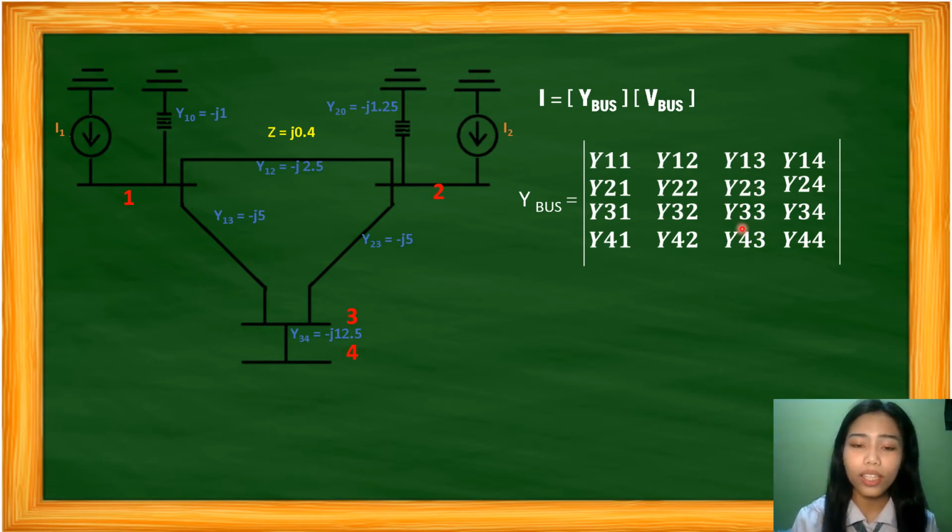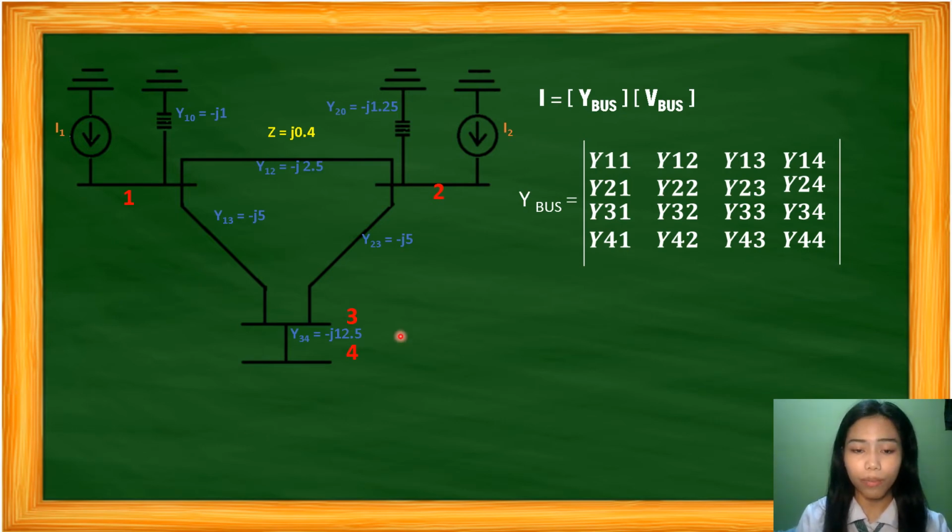Also, y33 is the sum of the admittances connected to bus 3. And y44 is the sum of the admittances connected to bus 4.